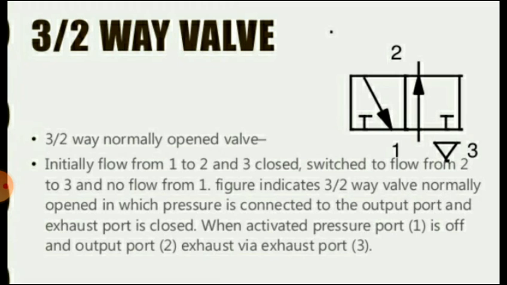The figure indicates a 3 by 2 way valve, normally open, in which pressure is connected to the output port and the exhaust port is closed. When activated, the pressure port is off and output port 2 exhausts via exhaust port 3. So the activated position means the first block.